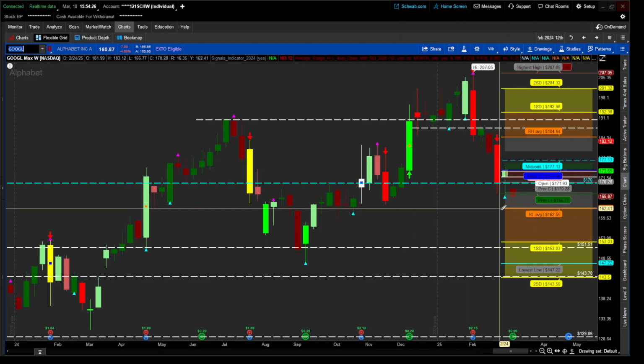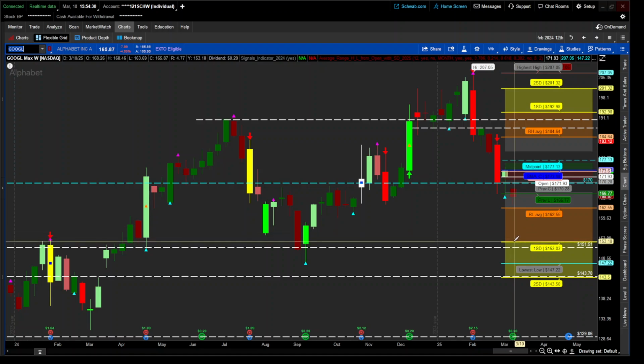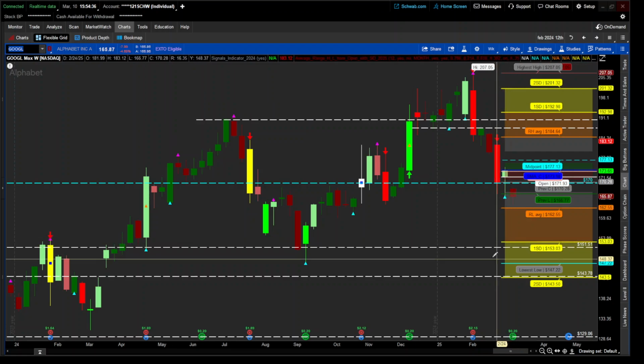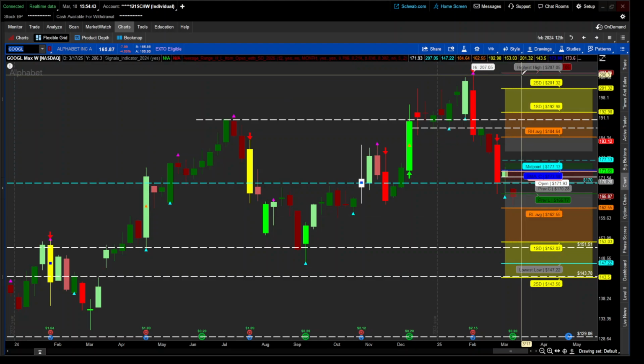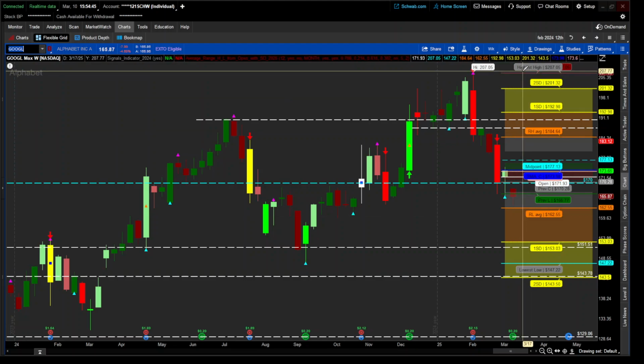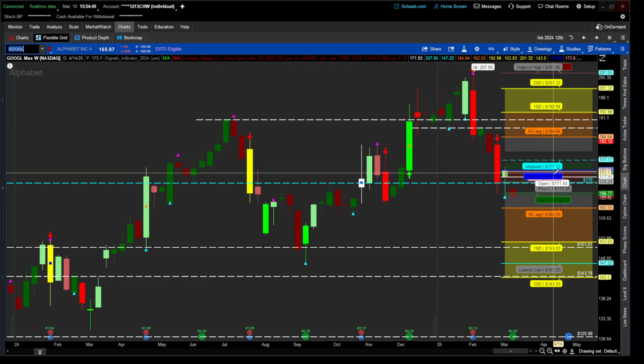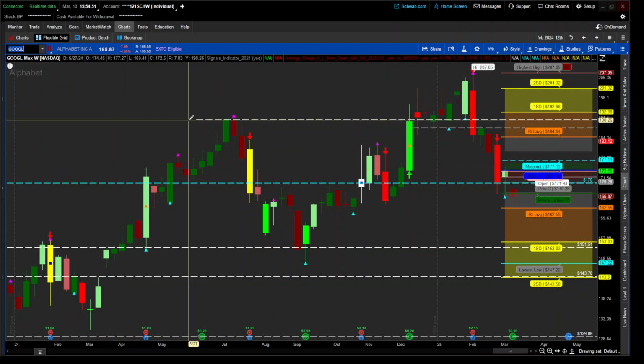But if not, I would look for Google to retest its range average here and possibly retest our range one standard deviation. And this has been our 12-month low 147 and our 12-month high average of 207.05. Midpoint was 177 and couldn't sustain it.